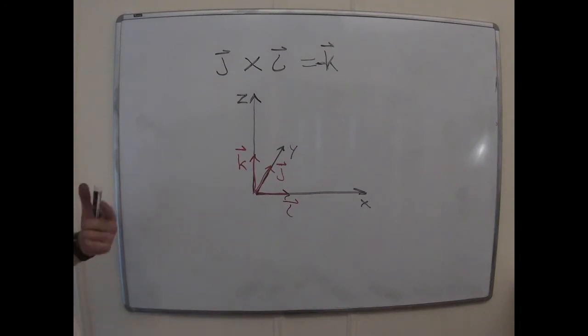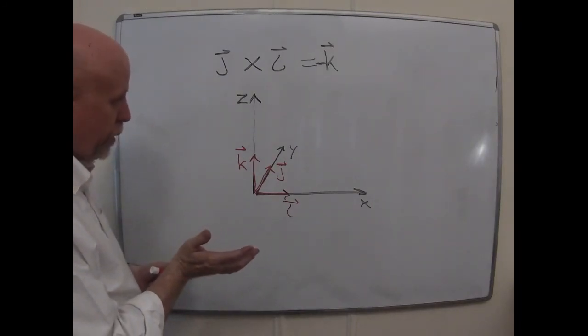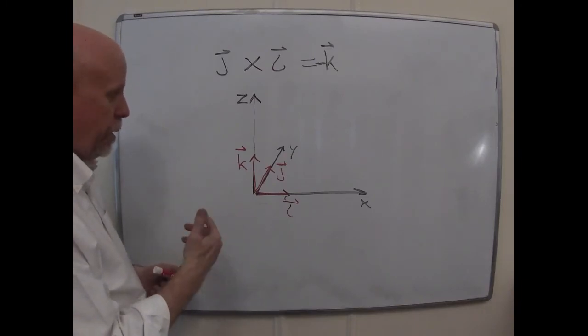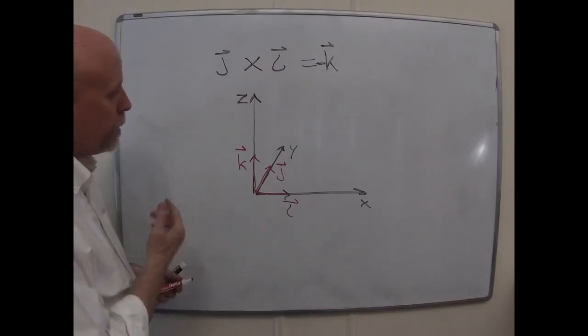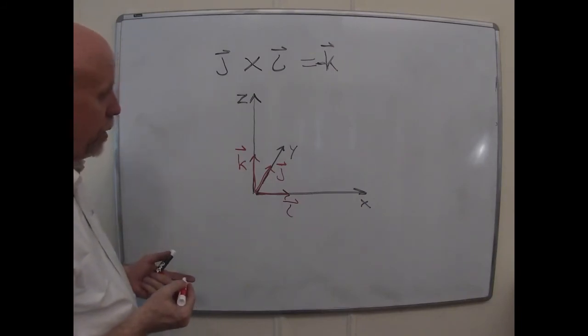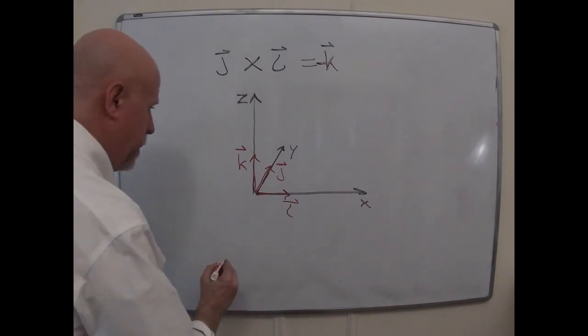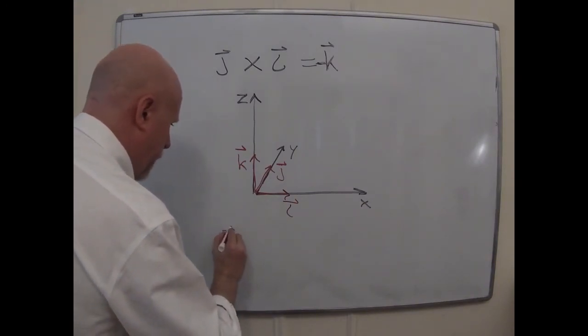And remember, the geometric rule is you use the right-hand rule to figure out what direction a thing goes, and the size of the thing is the area of the parallelogram. So suppose I did i cross k.